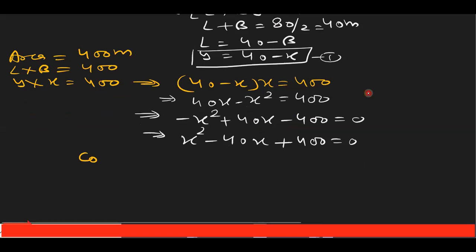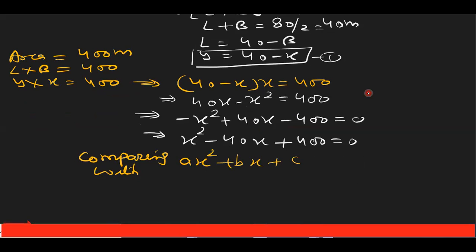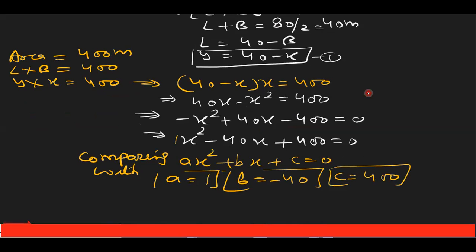Comparing with the standard form, that is ax square plus bx plus c is equal to 0, we have a is 1, b is minus 40, and c is 400.